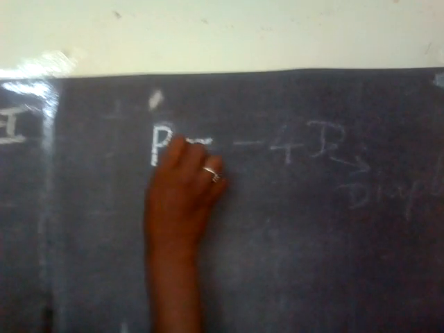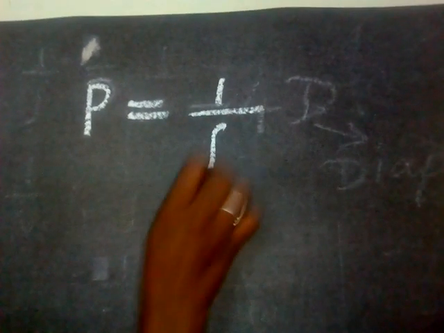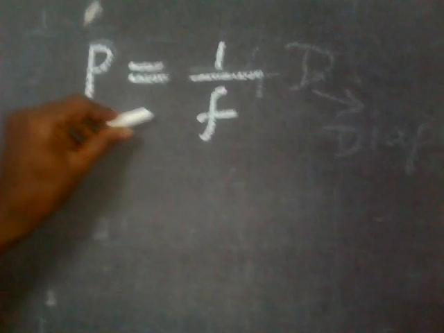The formula is P is equal to 1 by F. This is the power of lens formula. The reciprocal of focal length is known as power of lens.